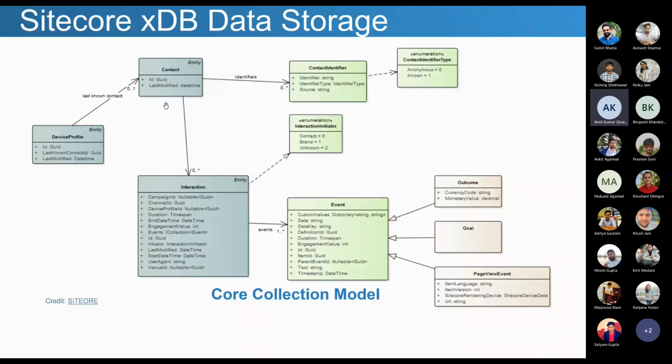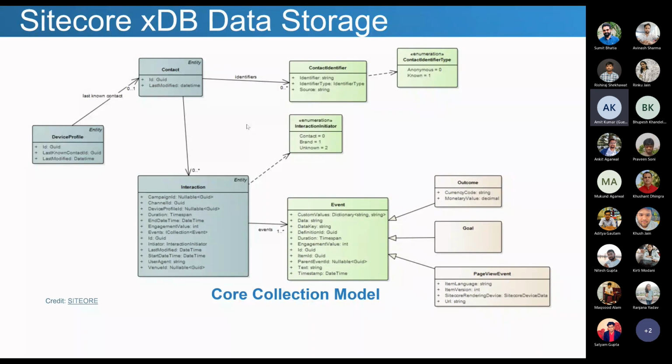The contact entity is the main entity, because whenever you want to display any data out of the XDB, you will go and get data based on a contact. Sometimes you also need to get data where you are storing the event, so you will make a LINQ query and put a condition on the events.